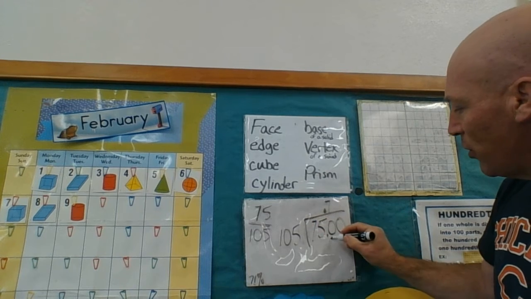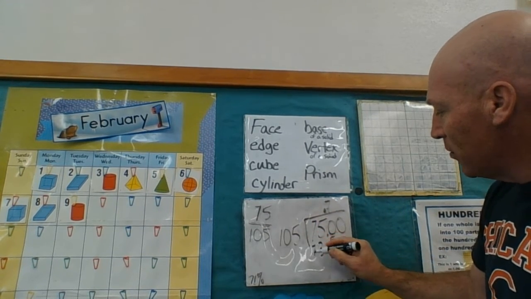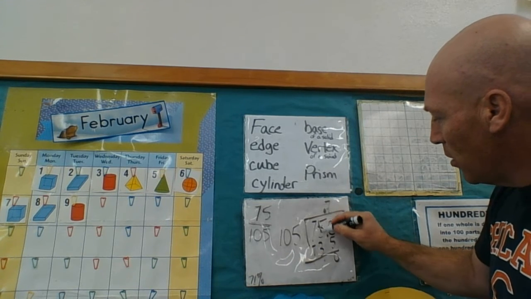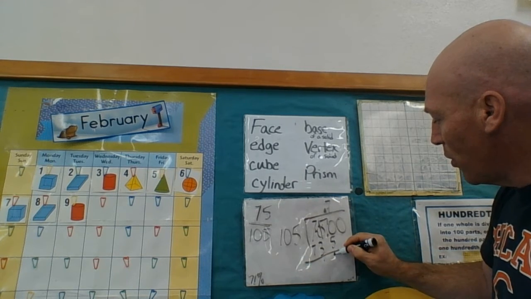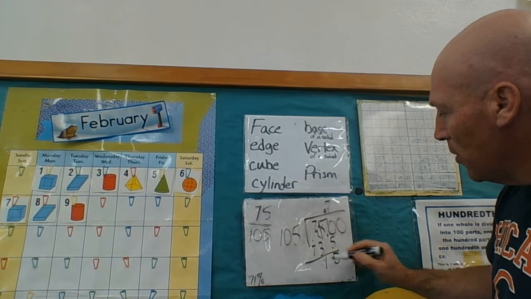7 times 5 is 35. 7 times 1 is 7. 5 minus 3 is, wait, sorry. You can see sometimes teachers make mistakes. We just know we can correct them.